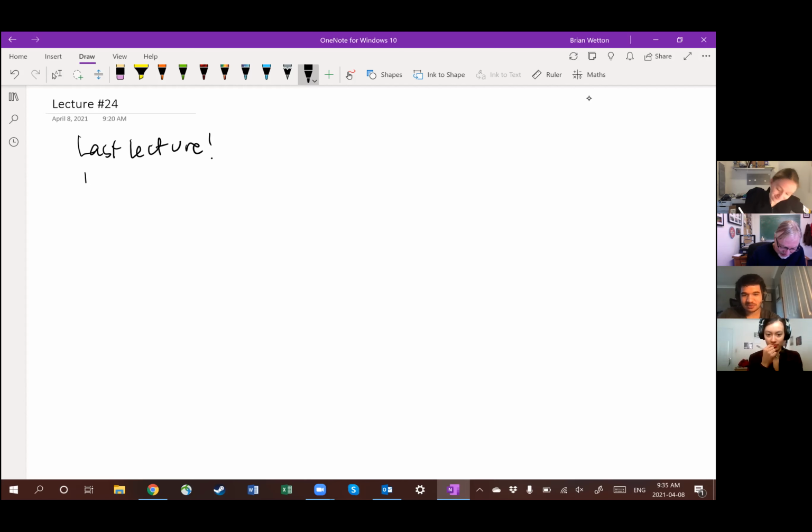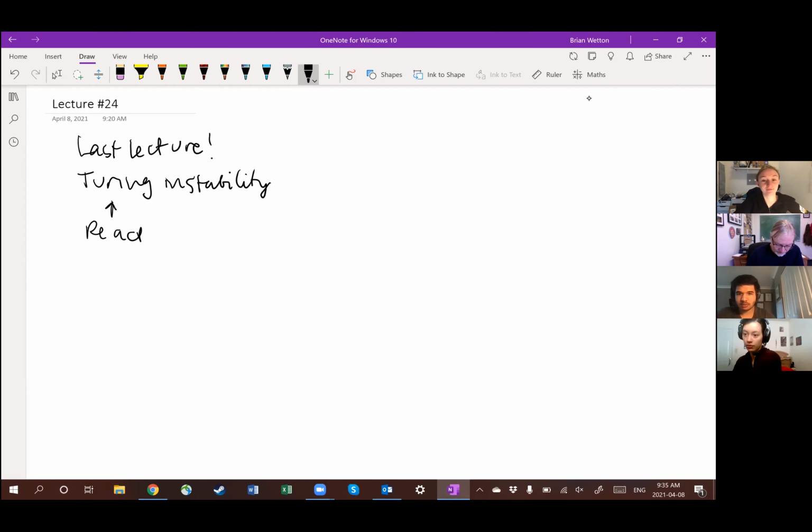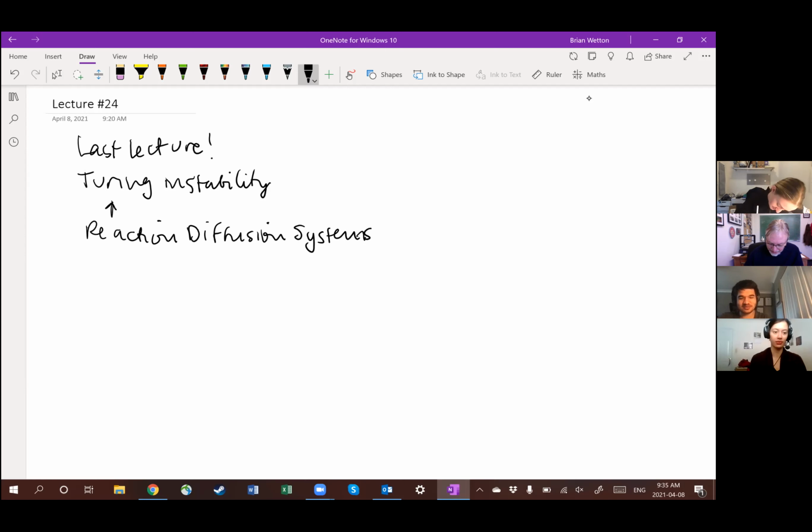So today we're going to talk about Turing instability, which you can show with a vector example. But I'm going to show you an example of how it works in reaction diffusion systems, and how it can lead to pattern formation.